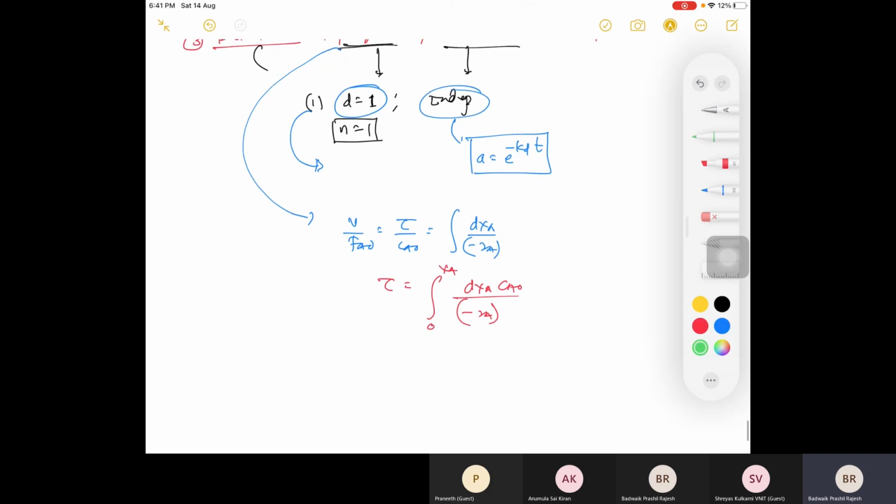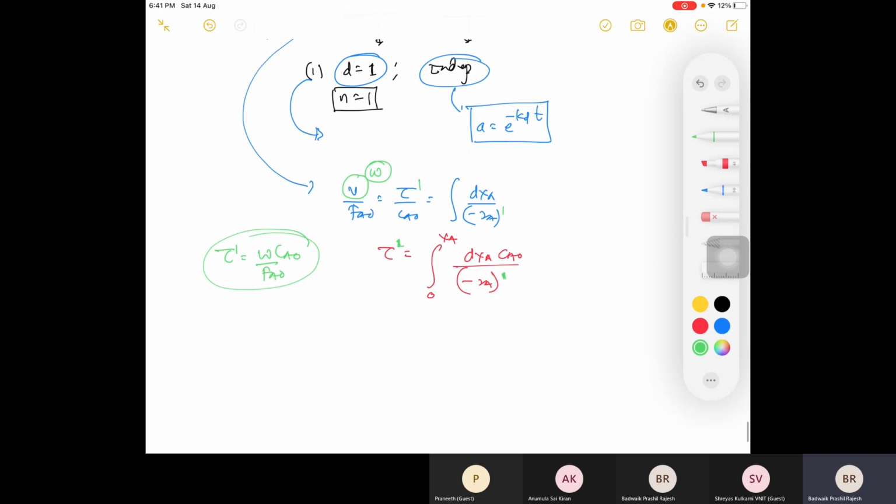Now, if I'm writing this as tau dash, everything will be same, and your tau dash will be W divided by Fa naught into Ca naught, right? Instead of V, you will need to write W, and it is dash.